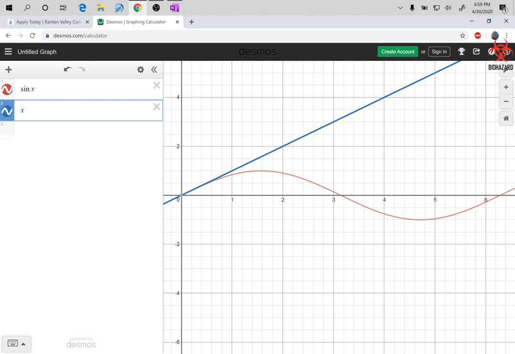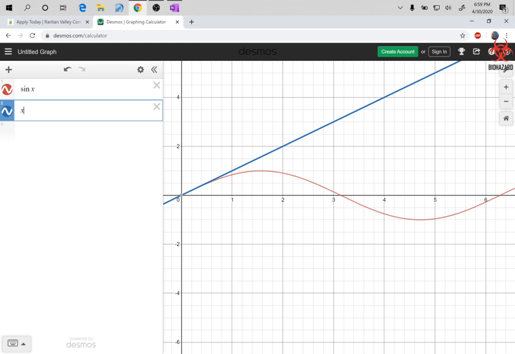And you can see that the red line and the blue line agree roughly to maybe 0.5. So less than pi over 4. So that's what I said. If your angles are pi over 6 or less, then you can replace your sine x with just x.